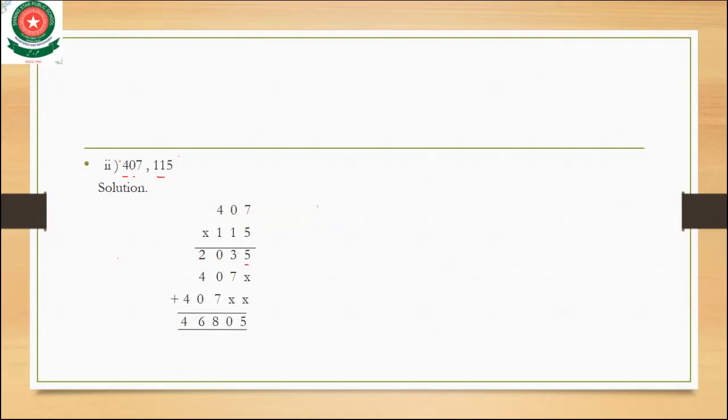So multiply the second number 1 with all the numbers. First of all we add this sign and then we start with the second right side number. 7 ones are 7, 0 ones are 0 and 4 ones are 4. Okay, this is the most simple question.